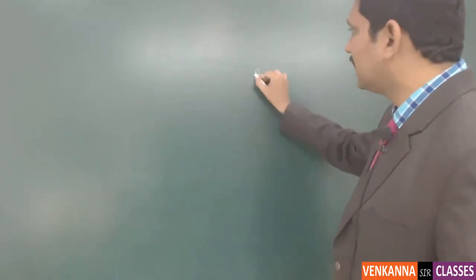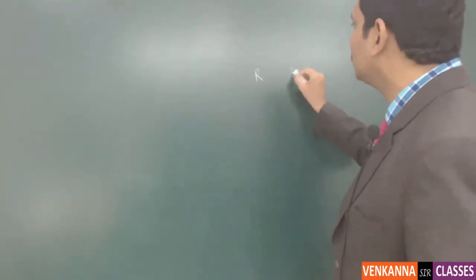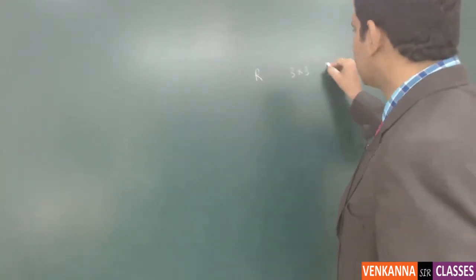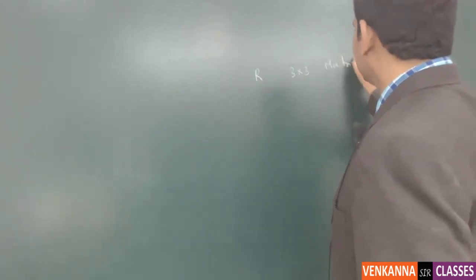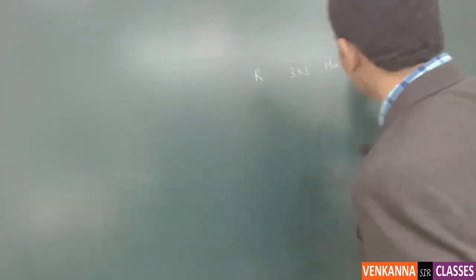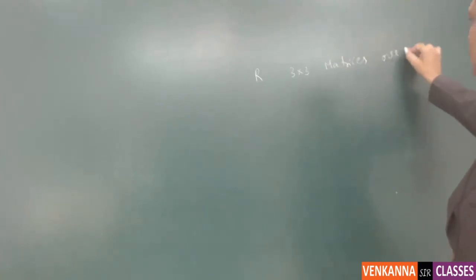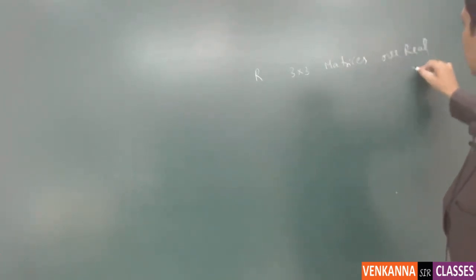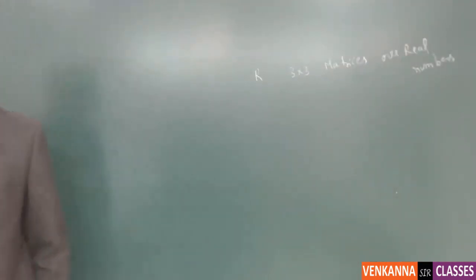So you take the ring R as all 3 by 3 matrices over the real numbers.